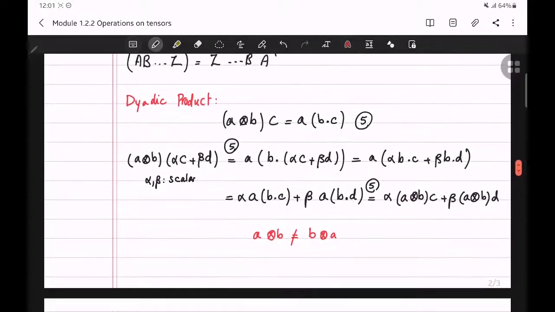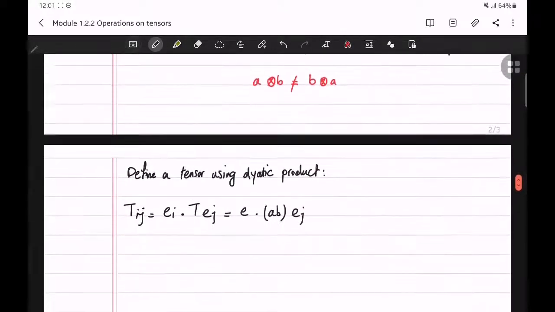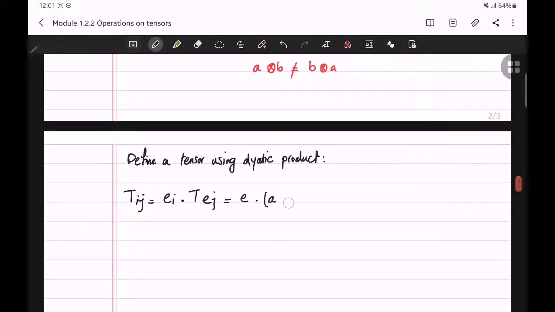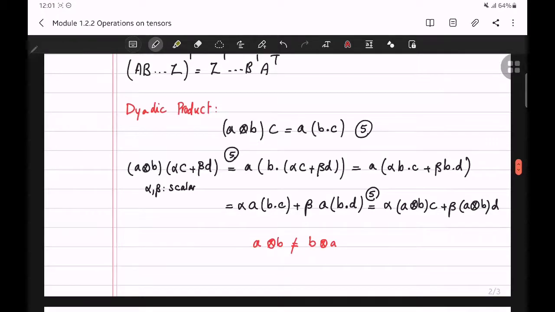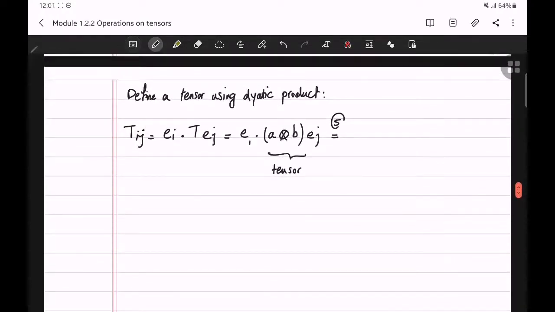Based on the definition here, it is a dyad b ej, because this gives a tensor, which is the same as T. So based on the definition from 5, you can write ei · a(b · ej).